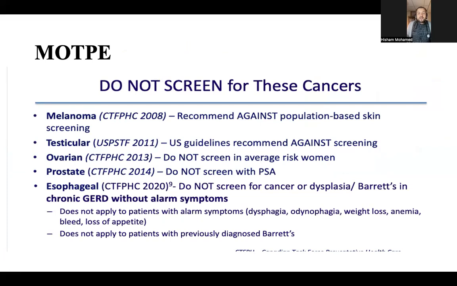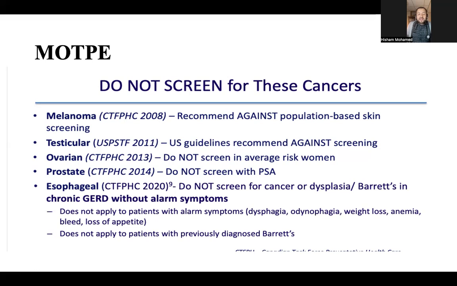So let's go for a review of Canadian guidelines about cancer screening. You'll find here, don't screen for these cancers like melanoma, testicular, ovarian, prostate, esophageal, even with chronic GERD, chronic gastroesophageal reflux disease. If the patient with chronic gastroesophageal reflux disease hasn't any alarm symptoms, no need to screen for esophageal cancer.